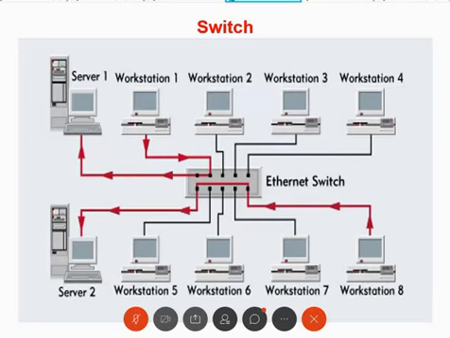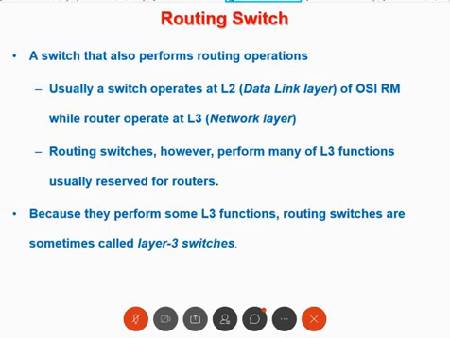With manageable switches, you can define each port's bandwidth also. You can cap the bandwidth. Usually switches operate at L2, the data link layer of the OSI reference model, while a router operates at layer 3, the network layer.